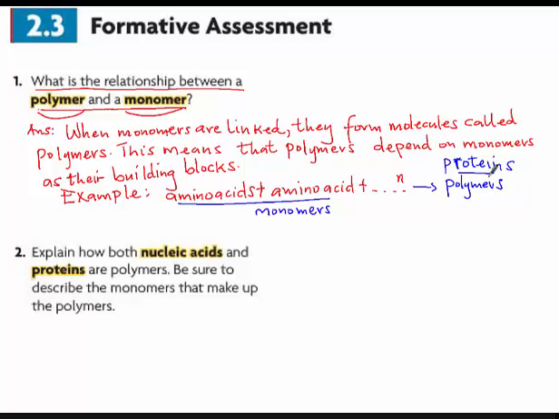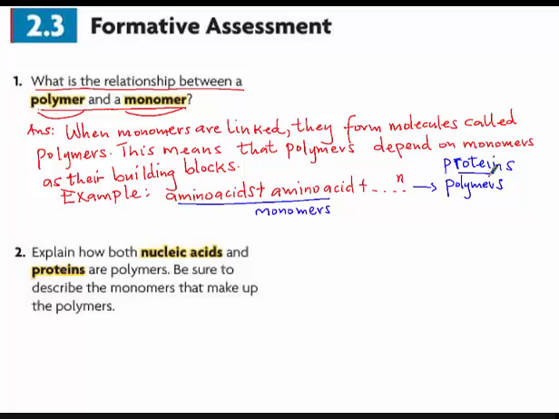Number 2: explain how both nucleic acids and proteins are polymers. Be sure to describe the monomers that make up the polymers.